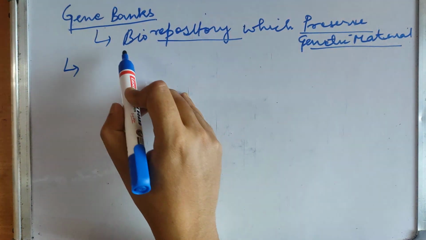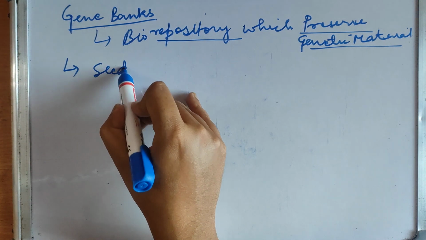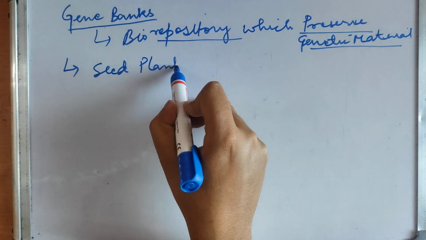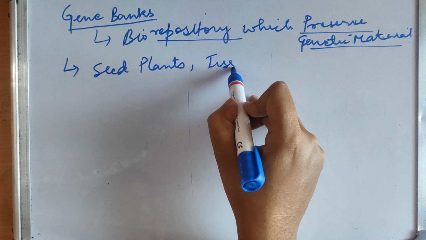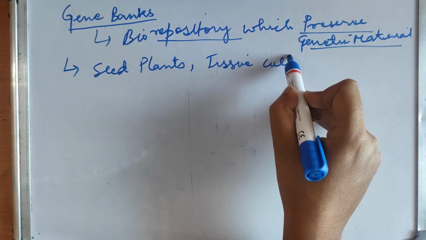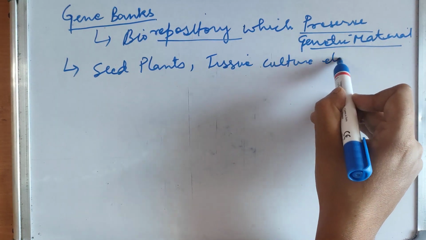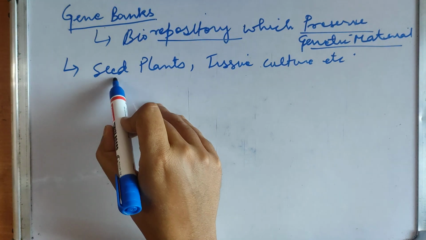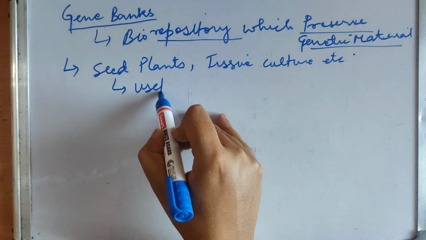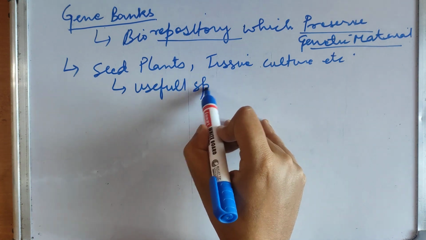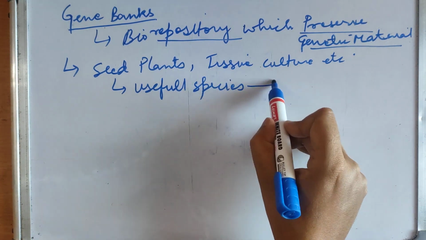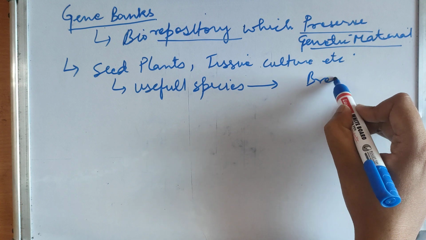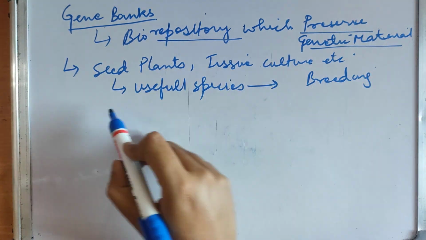Here we can preserve a collection of seeds, plants, tissue cultures, etc. from potentially useful species containing genes which have very much significance in breeding.